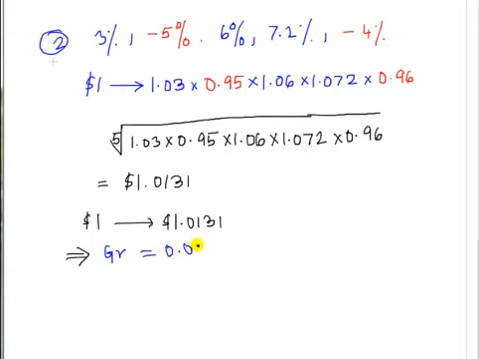Now we need a percentage, which in turn implies a growth rate of 0.0131 times 100, or 1.31%. In other words, over this 5-year period, the average annual rate of growth was 1.31%.